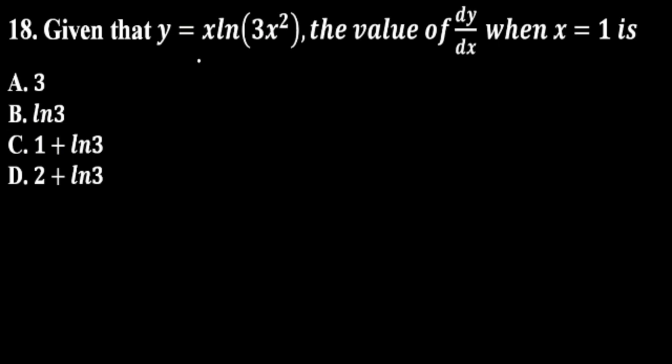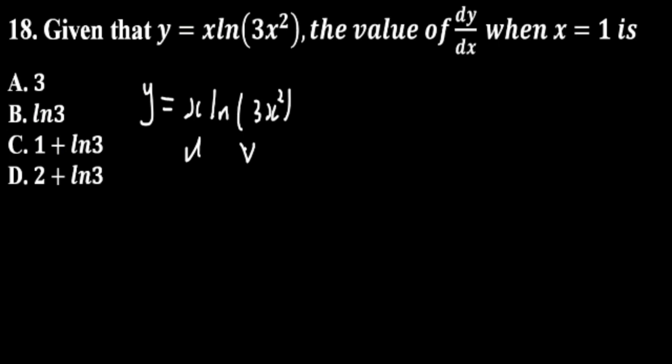Here we have been given a product. Let's say our function y is equal to x ln of 3x squared. So this is our product, and we're going to consider this as u and v, but we are not going to use the product rule in differentiating, because using the product rule will be very long.